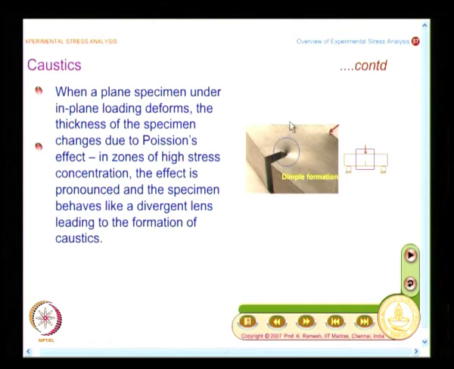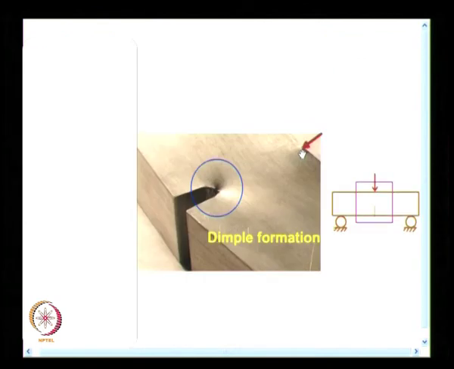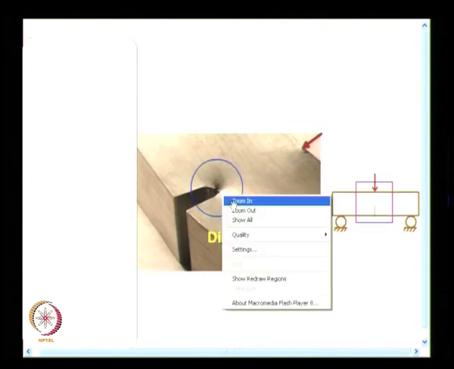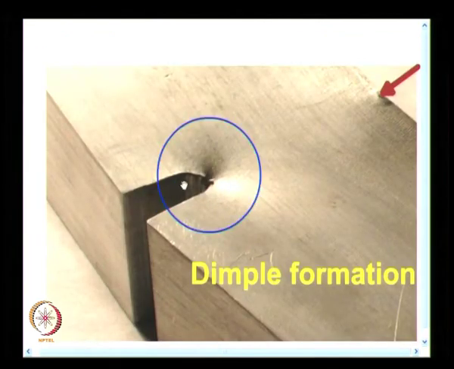I have an aluminum specimen which has a crack, and you see a dimple formation here. First we will see this, then look at the reason behind it. Can you see the dimple very clearly at the tip of the crack? You see a very large deformation here, and this occurs when I apply load. This is in 3-point bending; when I apply the load I have a dimple formation.